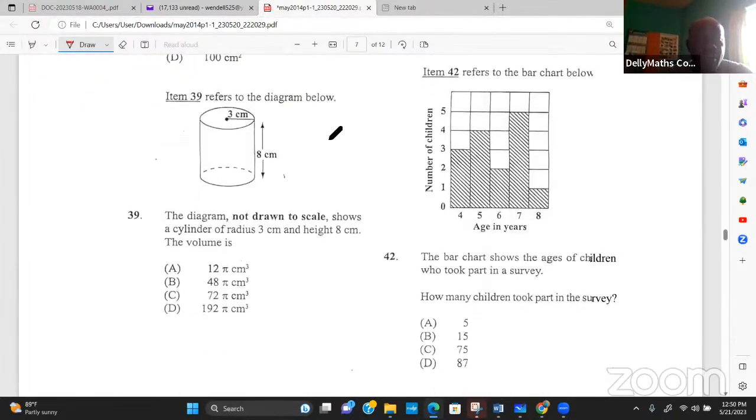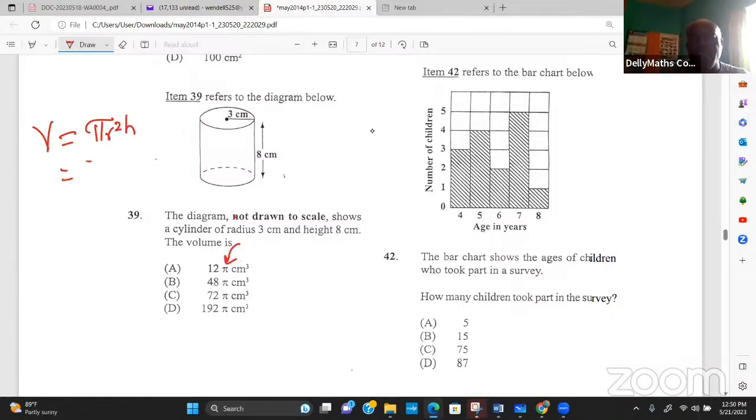All right, let's go. 39. 39 says, diagram not drawn to scale shows the cylinder of radius 3 and height 8. What is the volume? Now, the volume is given to you in the formula sheet. The volume of a cylinder is pi r squared h. Obviously, pi is in the answer, so I'm not going to put any 22/7.